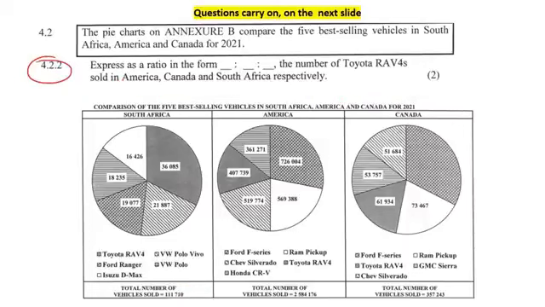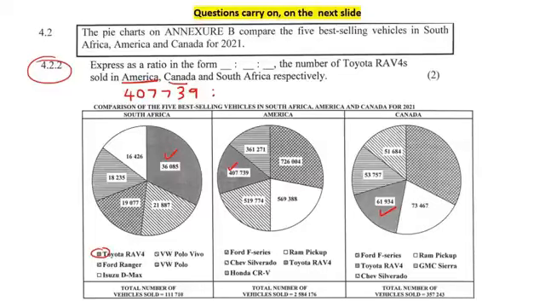Express as a ratio in the form of something, something, something, the number of Toyota RAV4s sold in America, Canada, and South Africa, respectively. When they say respectively, it means in that order. So the Toyota RAV4s, they are the grey ones. So it's this, this, and this. Now they want us to do it as America first, always. So it's going to be this one: 407,739. And then what's next? Canada. Okay, so they're making us last.